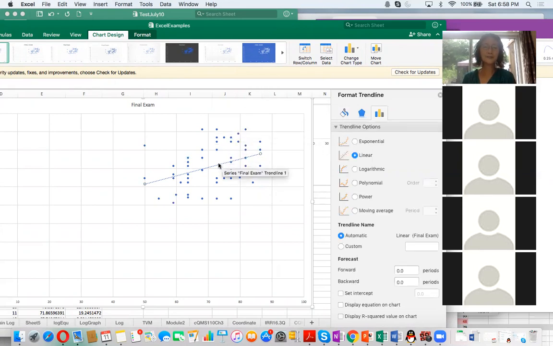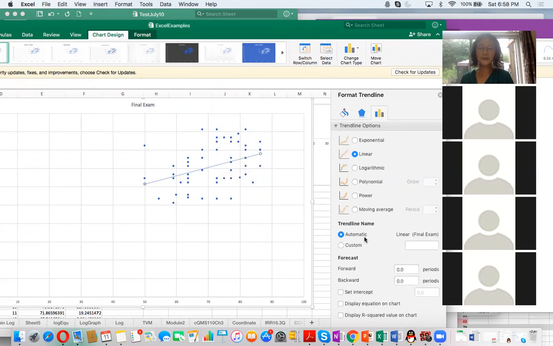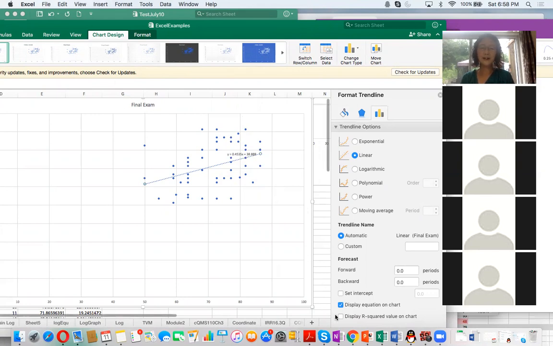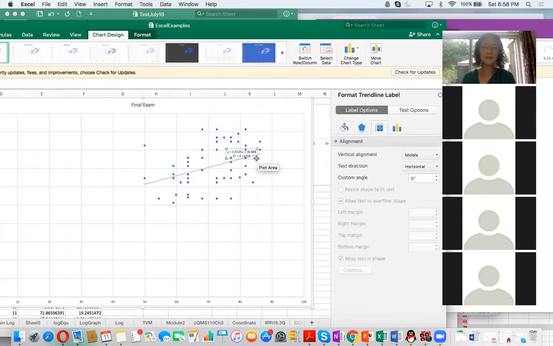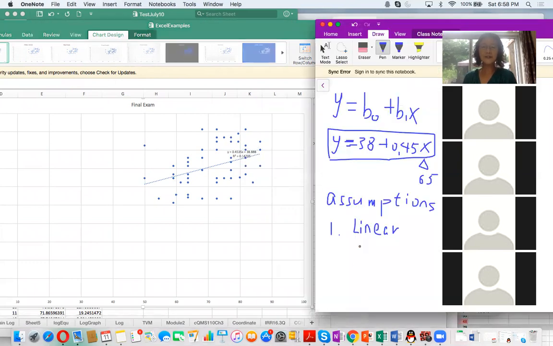If I double click this straight line, I can display the equation and display R squared. See, it is small. If I make it bigger, you can see the equation, the same as we produced from the Excel data analysis. So that is the first assumption, linear.